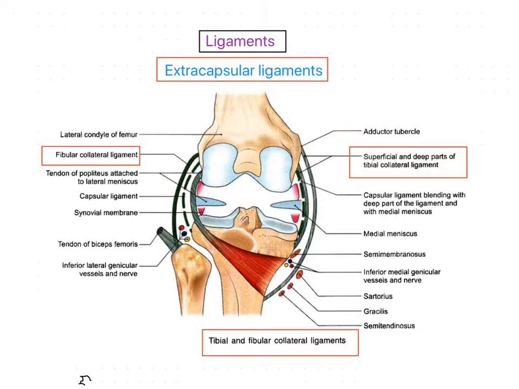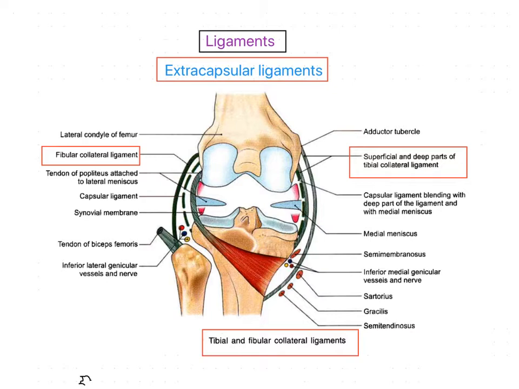Normally, the ligaments of the knee joint consist of extracapsular ligaments and intracapsular ligaments, because of their attachments. The extracapsular ligaments are the ligaments present on the outer aspect of the capsule.